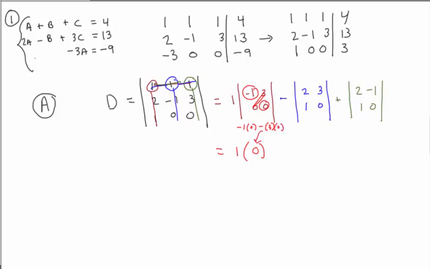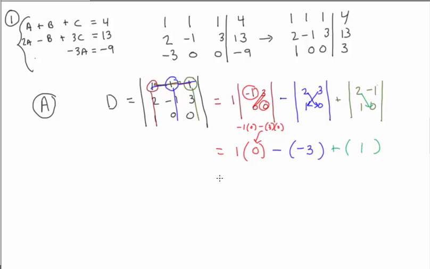Now let's take a look at the blue. So I have a negative. I got to figure out the determinant. 2 times 0 is 0 minus a 3 times 1. That's going to give us a negative 3. And then finally for green, I have a plus. 2 times 0 is 0 minus a negative 1, which becomes a positive 1.